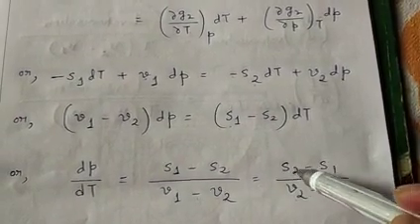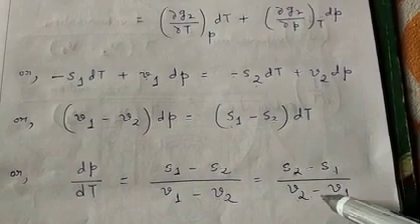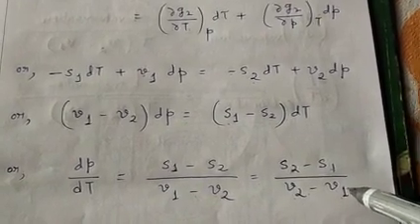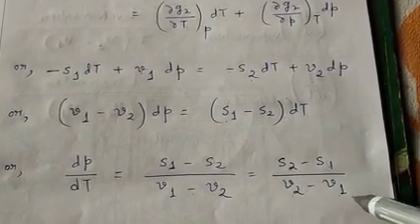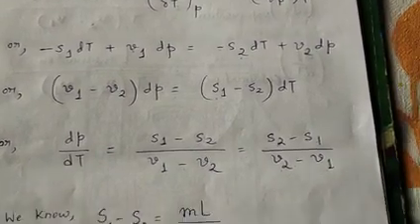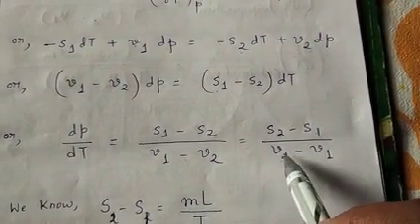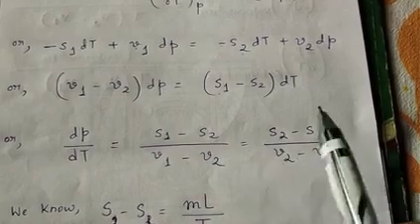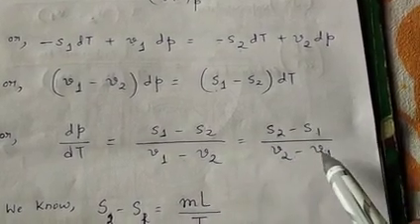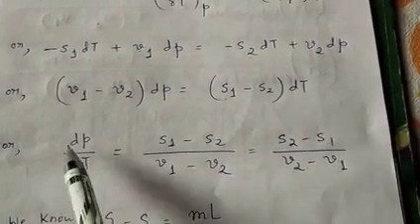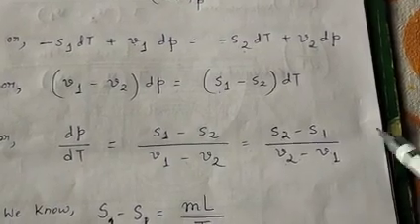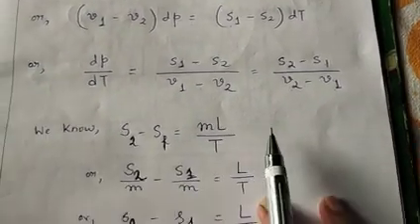So we have a different value S2 minus S1, and similarly the volume changes. There is an abrupt finite change in the volume. So we have V2 minus V1, and V1 is not equal to V2. If both the quantities were equal, then this dP dT would not have any meaning. It would be 0 by 0. But this is not the case.